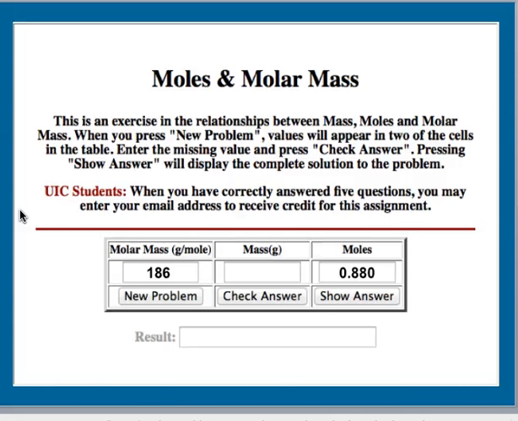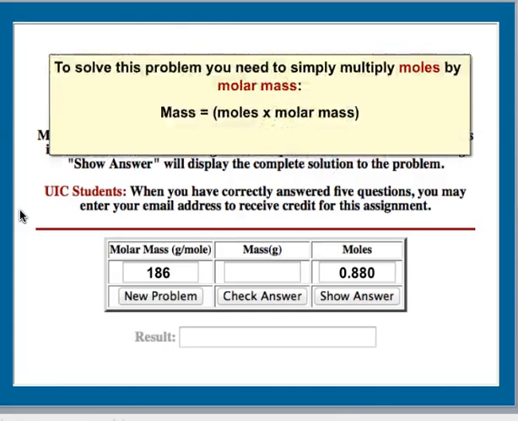Now here we're given molar mass, we're given moles. If I simply take molar mass multiplied by moles, I will get my mass. So I substitute in, and it's 163 grams.